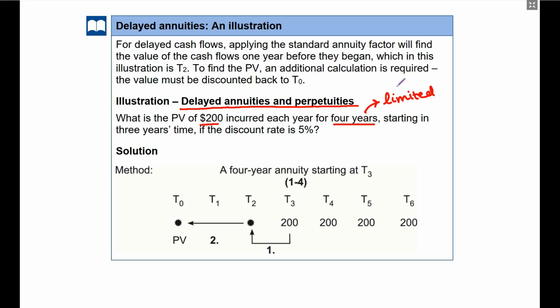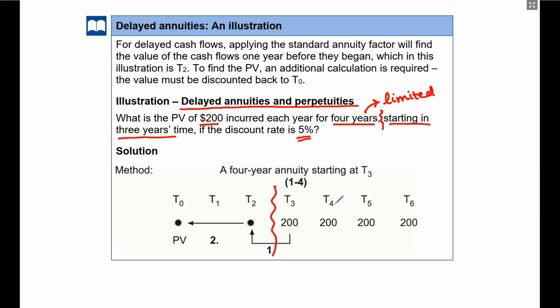So it is related to annuities starting in 3 years time. So it's the twisting part: starting in 3 years time, if the discount rate is 5%. So it means our first payment will occur in year 3. Fine. So the amount is $200 and years are 4.